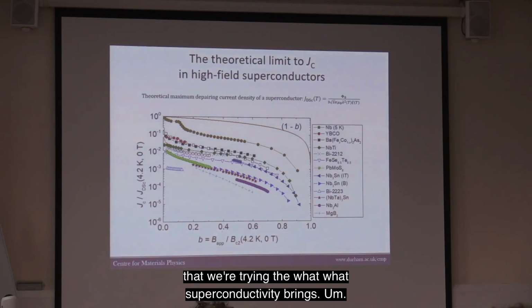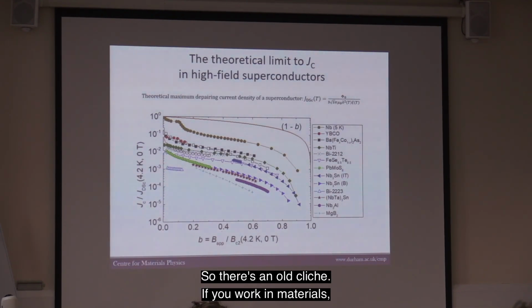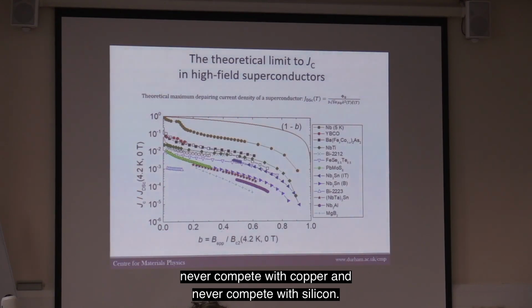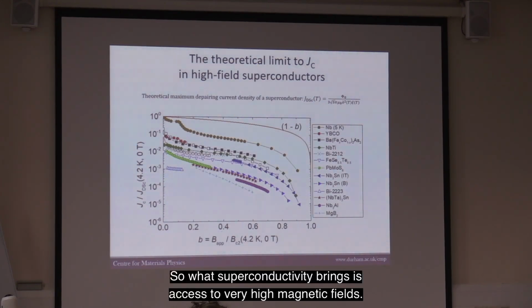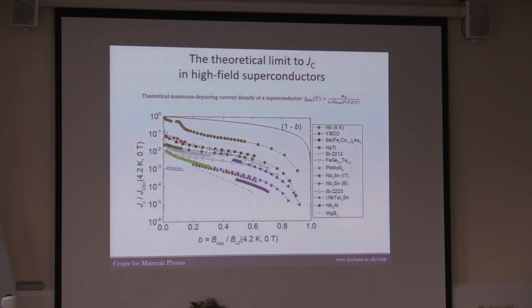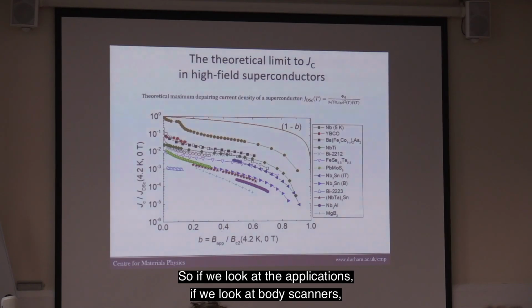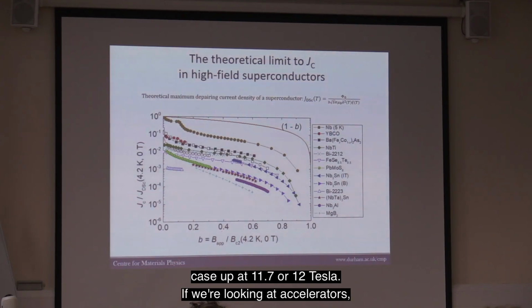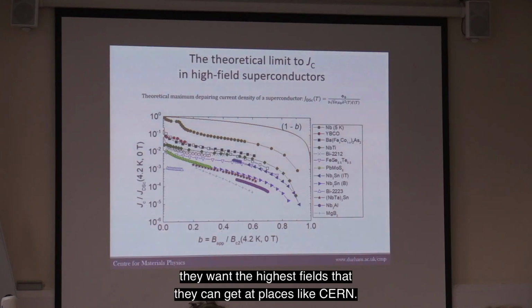The issue is what superconductivity brings. There's an old cliche if you work in materials: never compete with copper and never compete with silicon. So what superconductivity brings is access to very high magnetic fields. If we look at the applications, body scanners operate at 5 or 6 Tesla, in the Saclay case up at 11.7 or 12 Tesla. Accelerators, at places like CERN, want the highest fields that they can get.